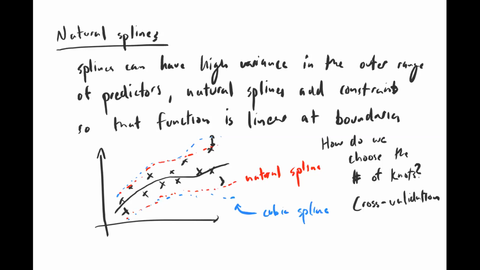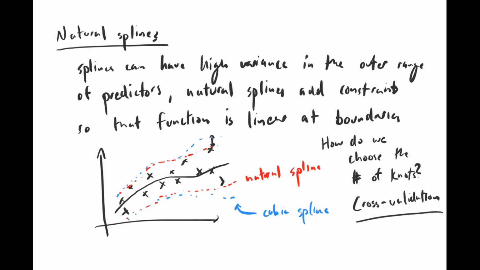Just as a refresher, I can vary the number of knots that I run the model against, and then I'll look at whichever one has the lowest out of sample mean squared error, which we obtain by doing something like a k-fold cross-validation.